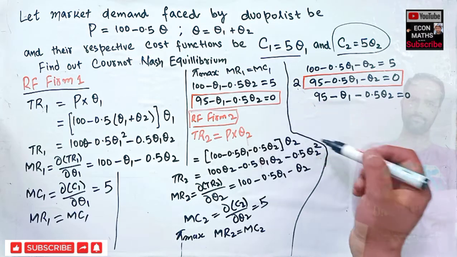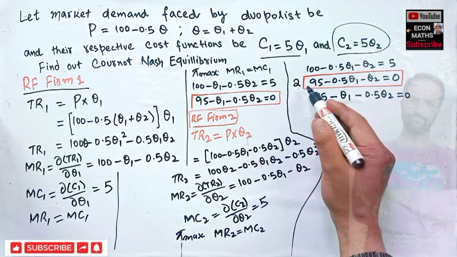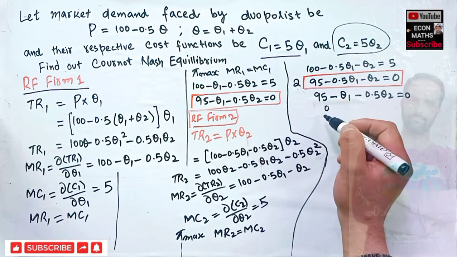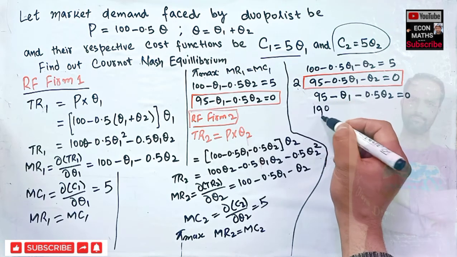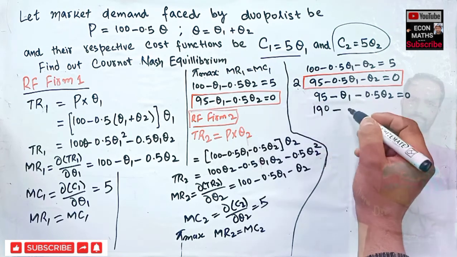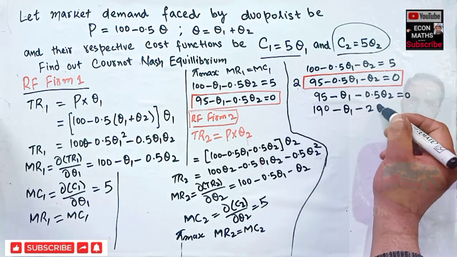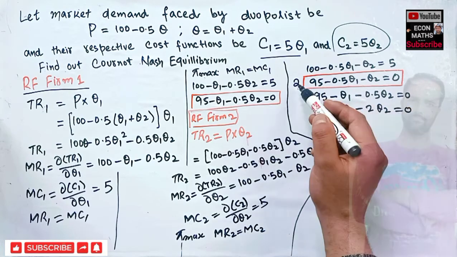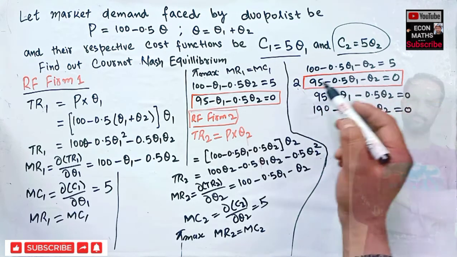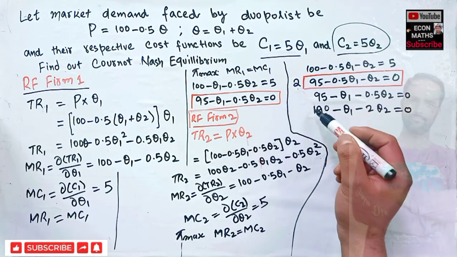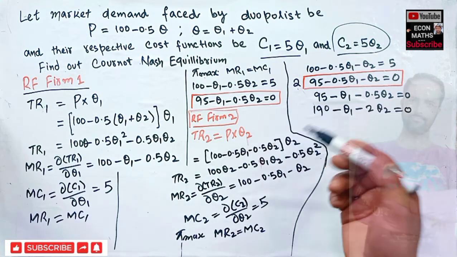So I will rewrite this equation: 2 times 95 is 190, minus 2 into 0.5 comes out to be q1 only, so we have 2 q2 is equal to 0. I have multiplied this equation on both sides by 2 and rewritten it here.